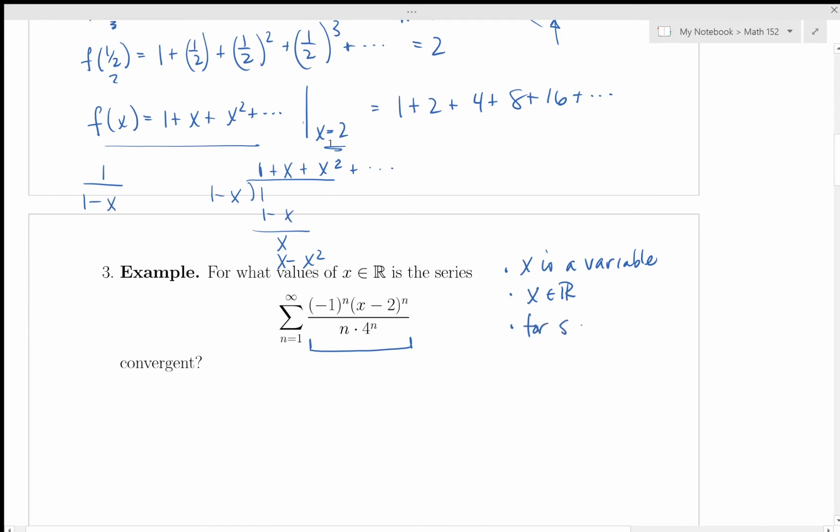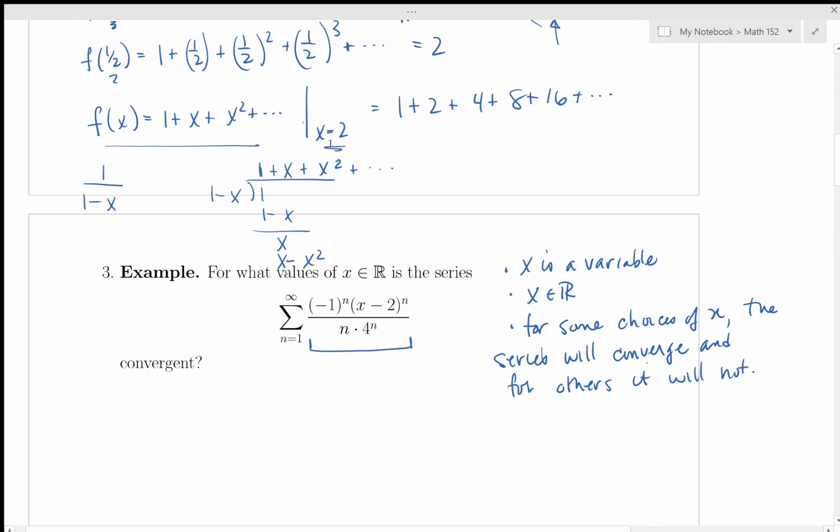For some choices of x, the series will converge, and for others it will not. Okay, so our goal here is going to identify which values of x for which this series will converge.